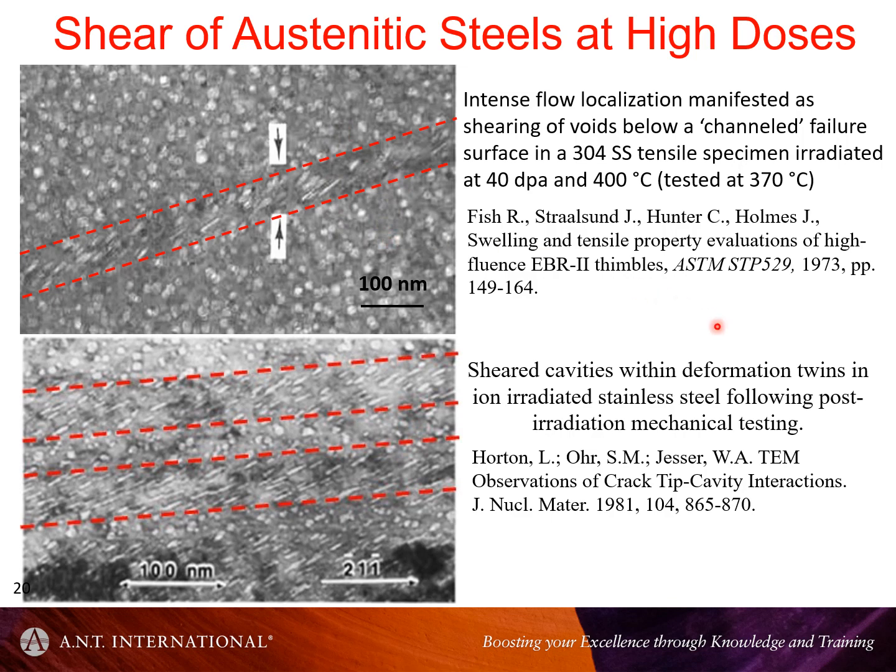In other cases, at Oak Ridge, Jim Bentley worked with Linda Horton here. Or Jim's not on this, but I know he would be advising here. Again, a similar kind of shearing was observed, but in this particular case they analyzed these volumes and equated the shearing to twinning.